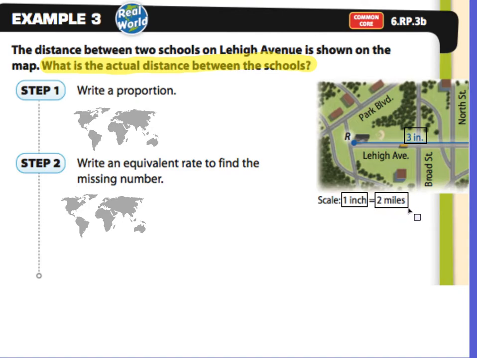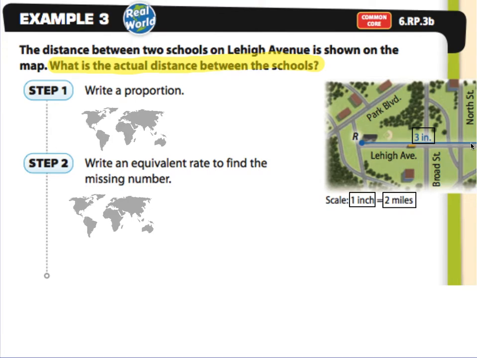Because if we made a map that was as big as our actual world, can you imagine how much we would have to fold a map? I can barely fold my map as it is. So now take it and make it as big as our world actually is, and oh my goodness, I would be completely lost. So what we would do here is set up another proportion.